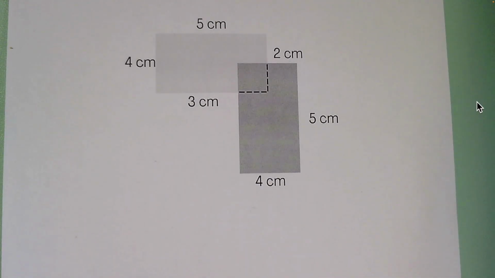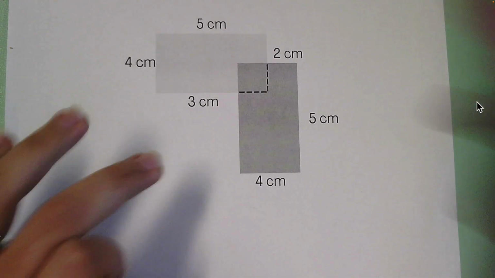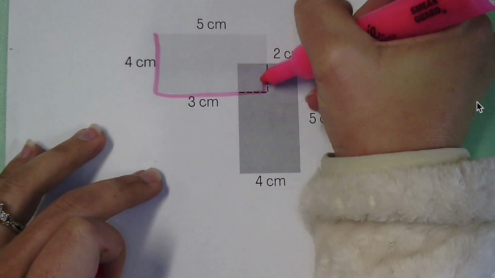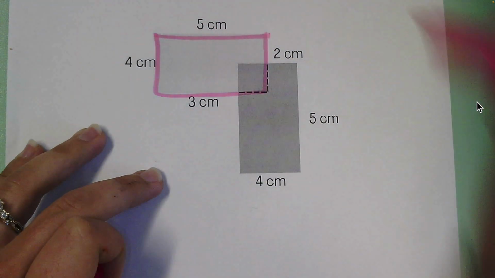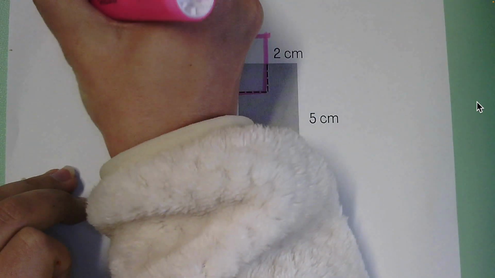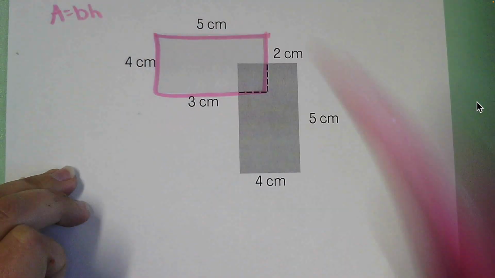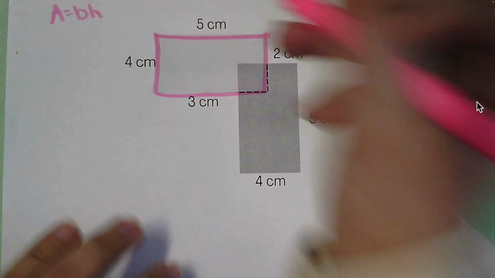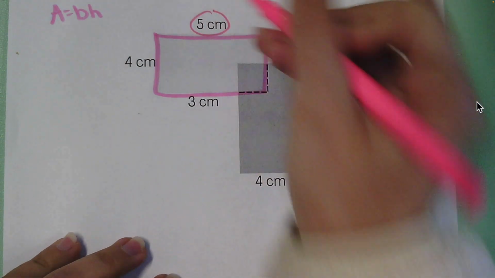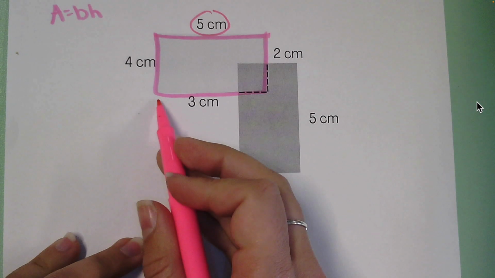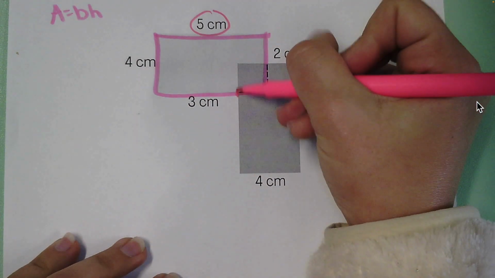Okay, so we're going to find the area of these two overlapping shapes. First, we're going to find the area of our main rectangle. For this, my area is just going to be base times height. My base is going to be 5 because this is the one that goes all the way across. This 3 only goes to this point right here.